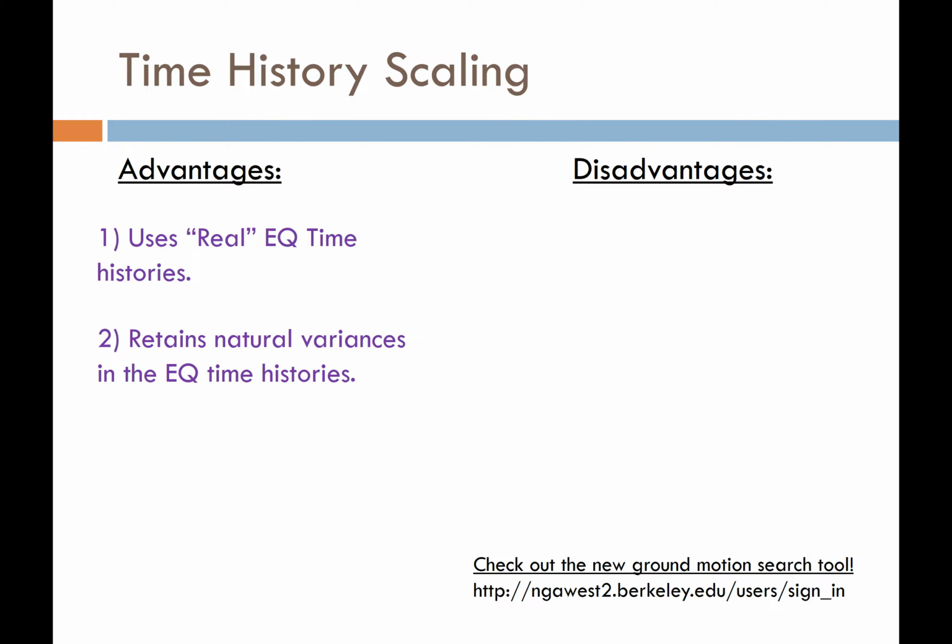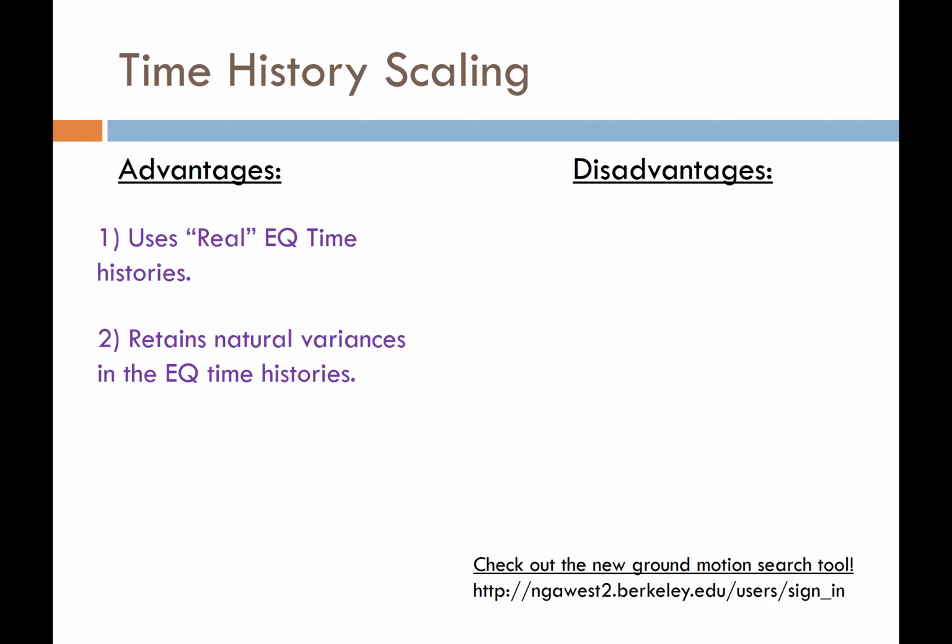Along with that, these scaled time histories tend to retain their natural variances, which is in many ways a really good thing because we know that earthquakes have a lot of variability, and our ability to predict them with confidence is, well, it's stinky at best. And so when we have a wide range of spectral accelerations in our response spectra, that may be more representative of our true uncertainty with the problem.